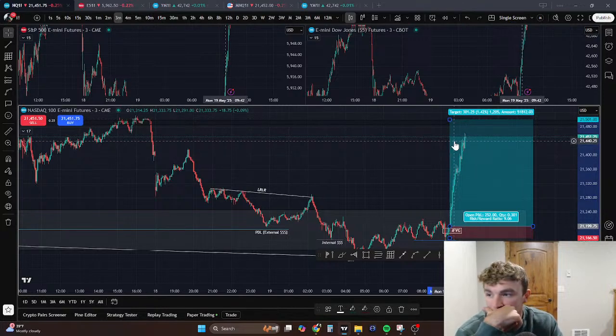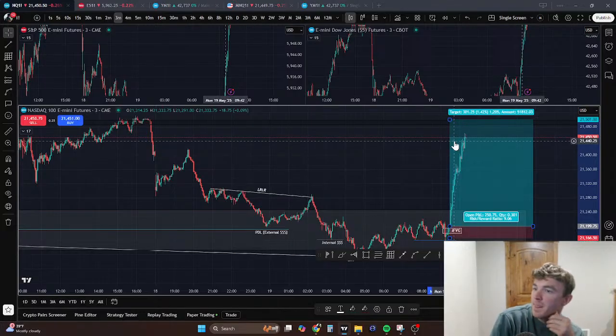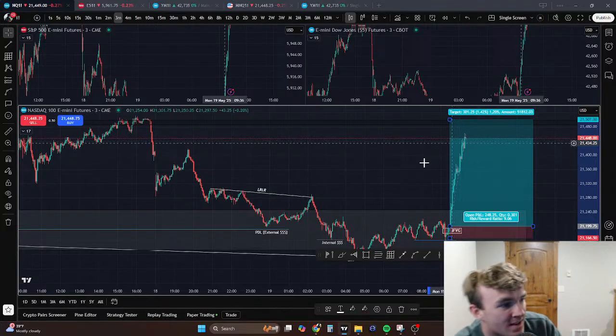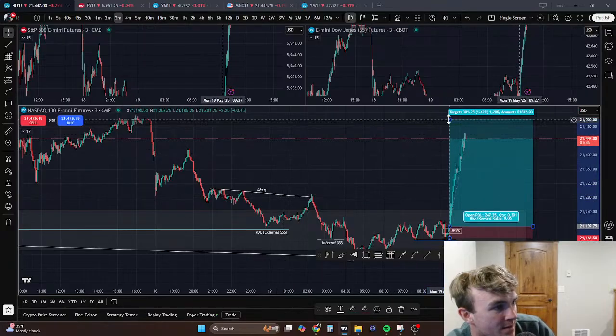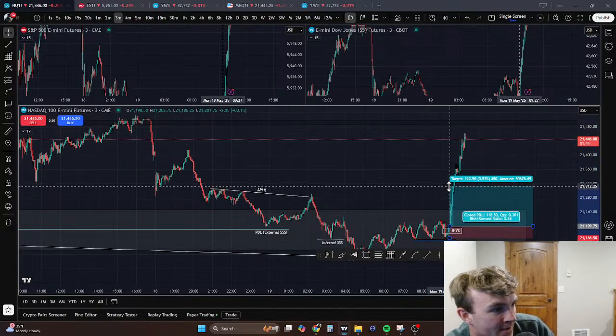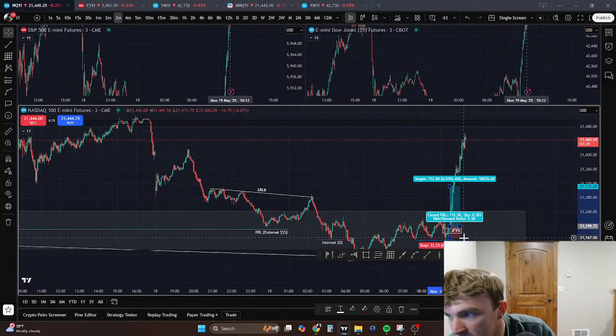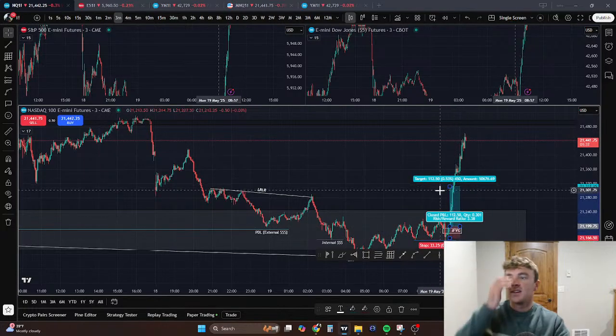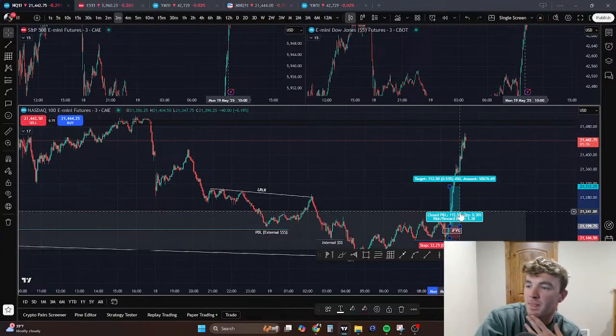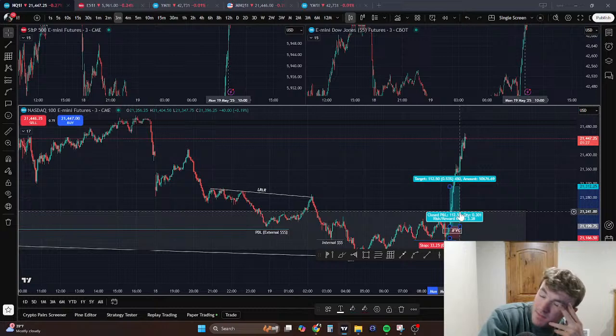I'd be getting payouts on all my accounts if I hit this trade, which I know I could have, which is crazy because I have 13. I could have made like a couple $1,000s. It's just a matter of time, man. It's just a matter of time.